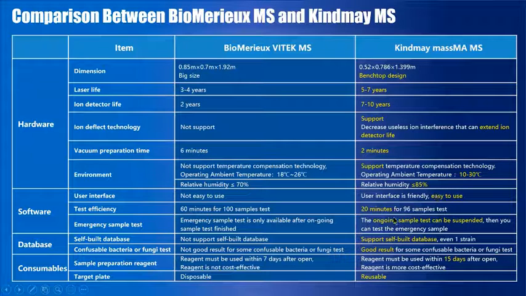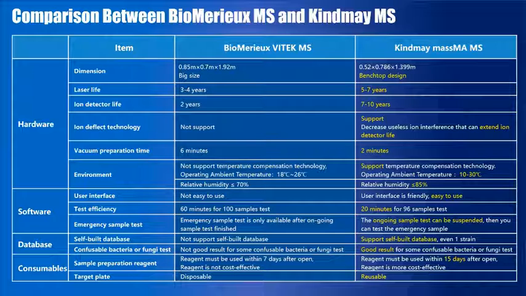And for the software, our test is very fast. As you see for bioMérieux, 1 hour for 100 samples, but for us it is only 20 minutes. And for the database, bioMérieux's database is closed, not open, so it does not allow customers to self-build the database.